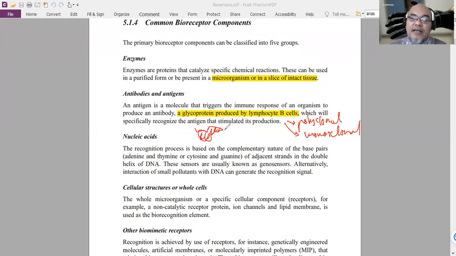The antibody may be sensitive towards this region of the molecule. It may also be sensitive towards this region. Others may be sensitive towards this region. Then this is called polyclonal antibodies. So from the blood of that mammal or rabbit, you purify the antibody part. You will have basically three different types of antibodies that can bind to that antigen, but at different sites of the antigen, the polyclonal.